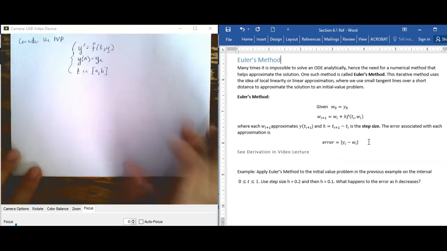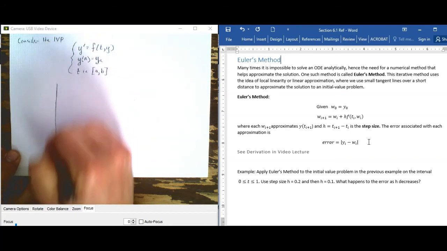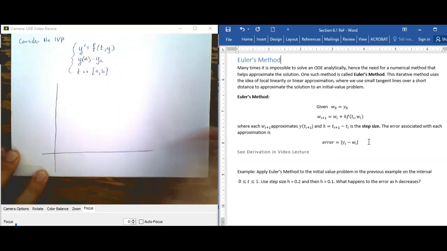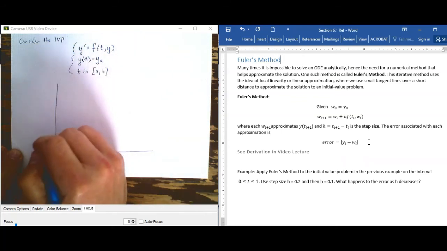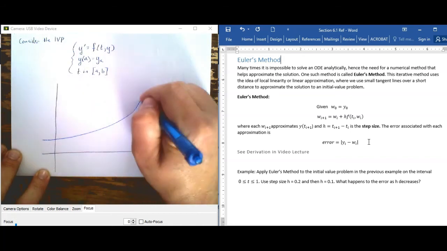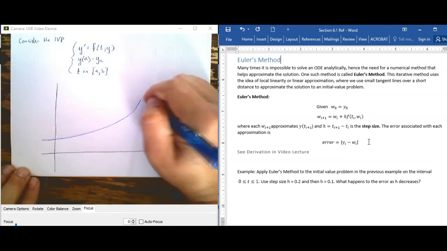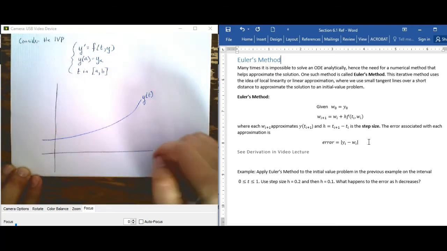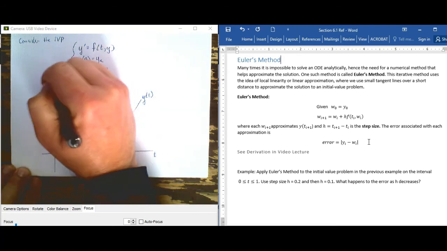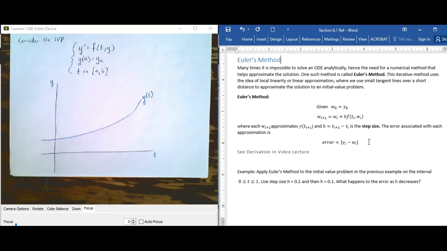So let's take a look at a graph. Say we have this function here. This is our y of t. So here we have a t-axis and a y-axis.